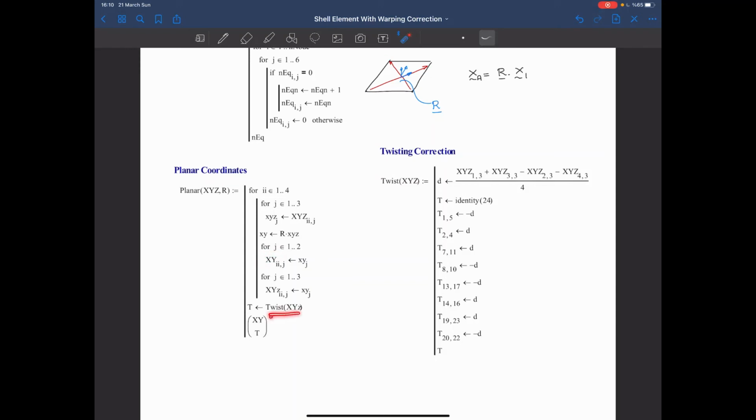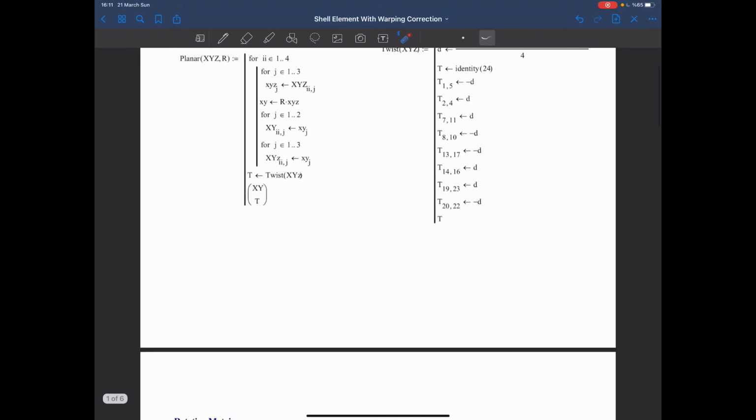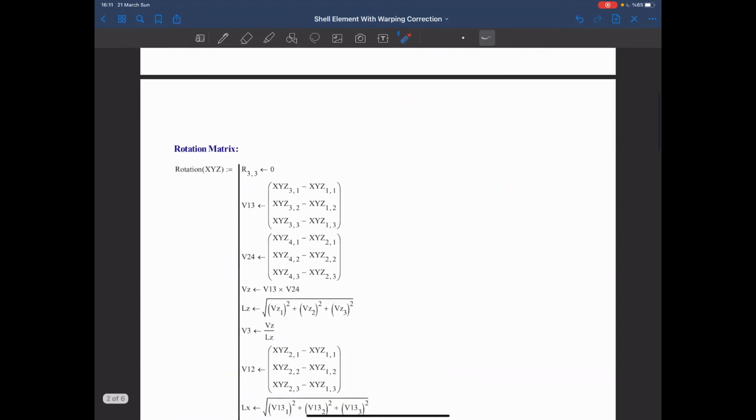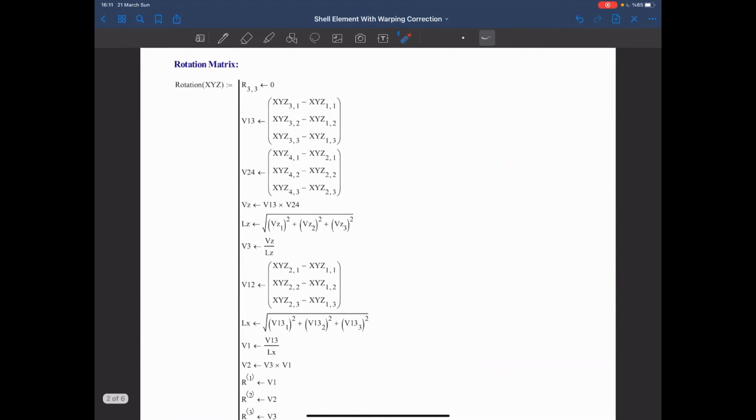I'm transferring it to this subroutine, twist, and this subroutine will calculate the d distance, the eccentricity of each node, and we discussed this equation, and then from that it generates the transformation matrix here. Okay, now the other thing is the calculation of the rotation matrix. Now here I'm calculating V12 and V13.